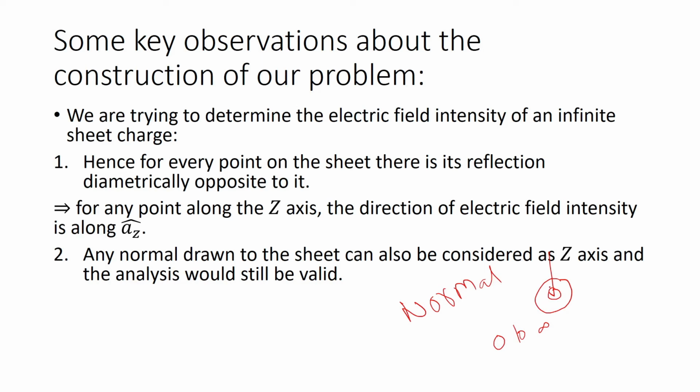Because of this, along any point on this normal, the electric field intensity would be acting only along the direction of Az cap. So see what I'm telling you here. For any normal, the electric field intensity would be acting only along Az cap, and along any point on the normal, the electric field intensity would be acting only along Az cap.